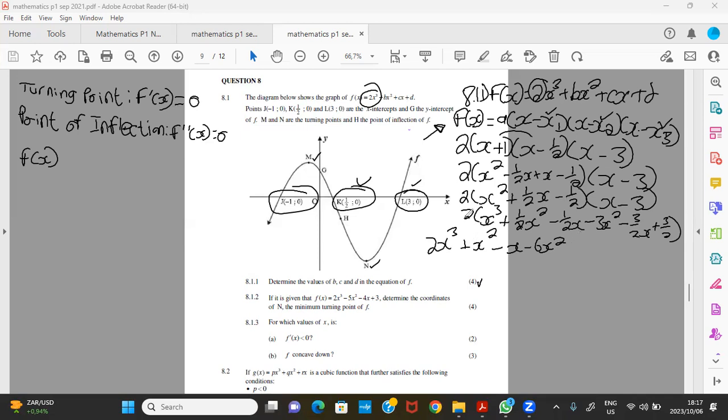Let's see. So I said 2 times x cubed, right? That's 2x cubed. Wait. Multiply the brackets. Okay, are you certain about that? So let me check. Yeah.